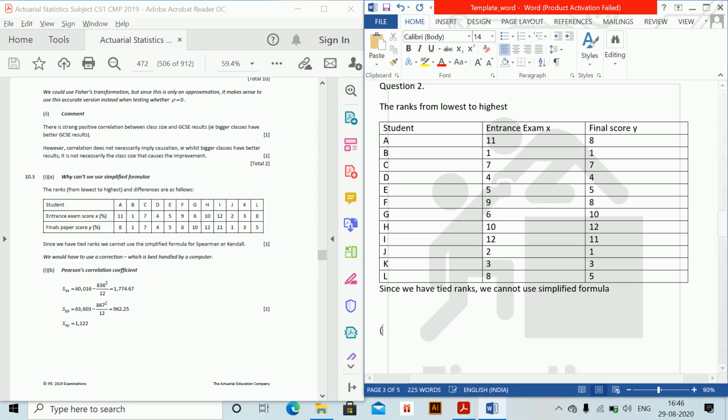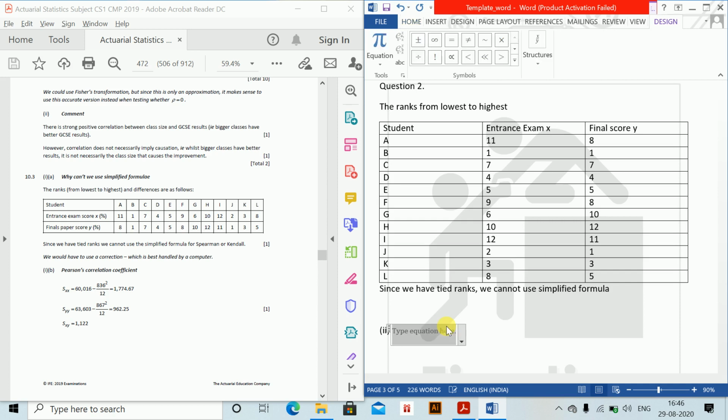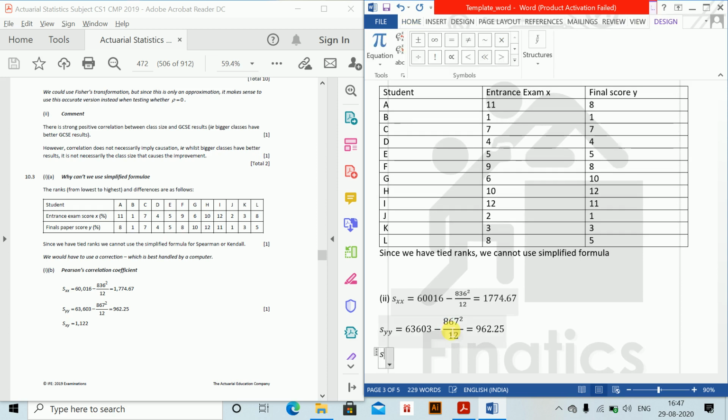Part 2: Sxx = 60016 − 836²/12 = 1774.67, and Syy = 63603 − 867²/12 = 962.25, and Sxy = 1122.